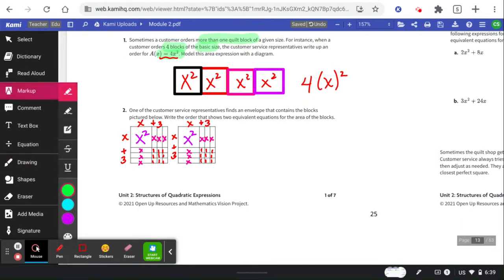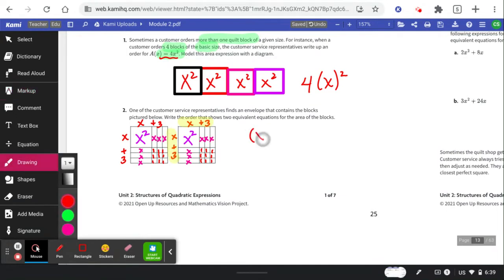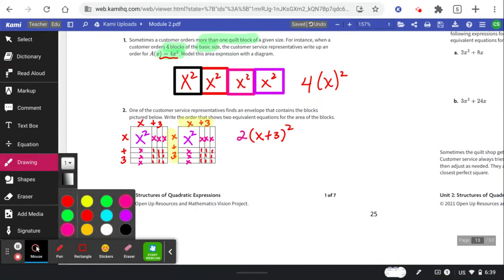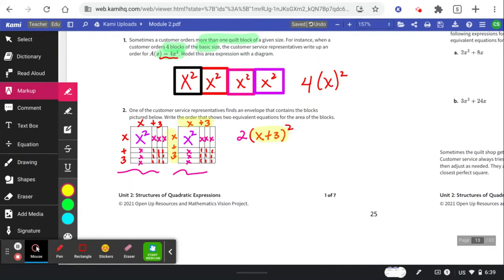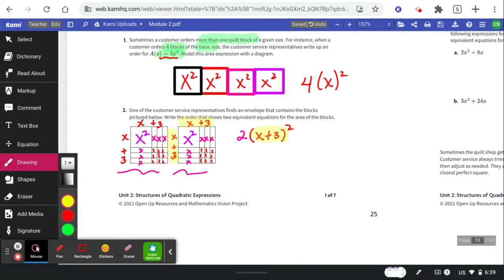So we can see from this that this is the x plus 3 squared block. But now we have 2 of them. 1, 2. So how can I write this other expression?